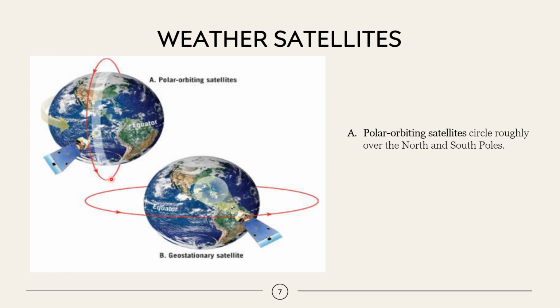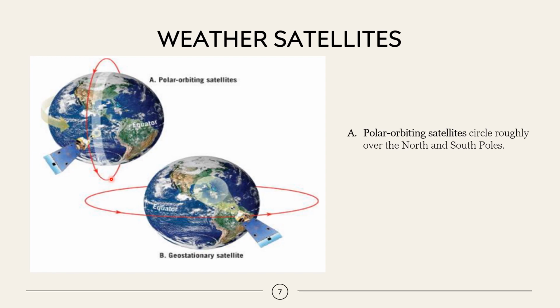Polar orbiting operational environmental satellites are low-flying satellites that orbit approximately 850 kilometers, or 530 miles, above Earth's surface 14 times daily.